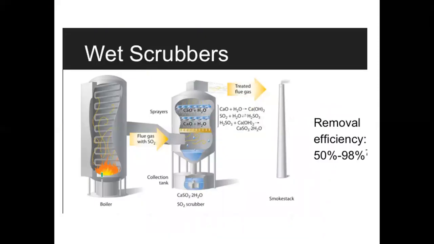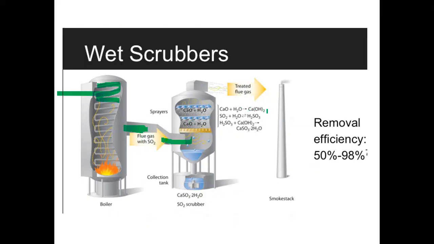Here you can see this is the boiler. All of you may understand this is a water tube boiler, and this is the furnace part. Then the flue gas goes through this outlet to the wet scrubber. The flue gas consists mainly of SOx. The flue gas enters usually at the bottom.